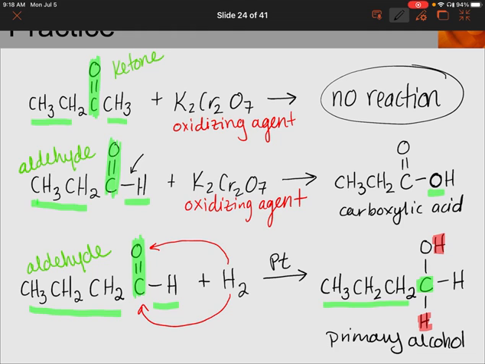And in fact, what would the name of this alcohol be? So we have four carbons in a chain, and the OH group is on the first carbon in the chain. 1-butanol.